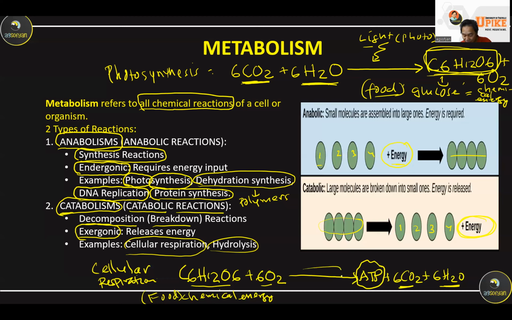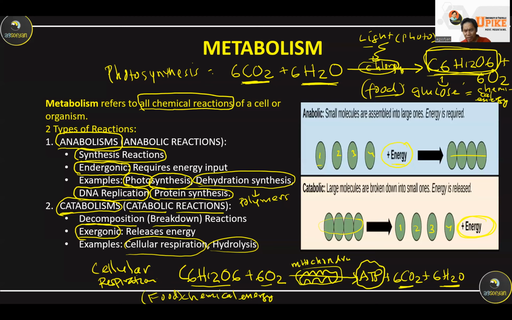And again, this reaction happens in the organelle called the mitochondria. While photosynthesis happens in the organelle called the chloroplast. This is only in plants and algae. Cellular respiration happens in plants, animals, fungi, and protists, except the bacteria, because bacteria do not have mitochondria.